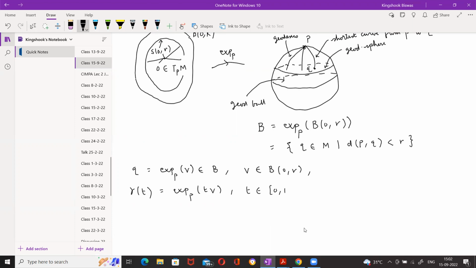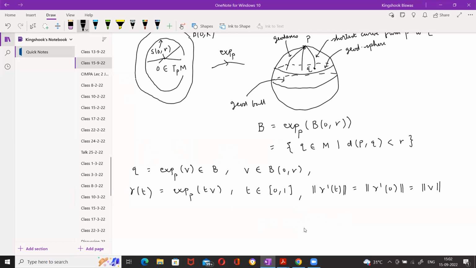Then we know that geodesics have constant speed. So norm gamma prime t is constant, equal to norm gamma prime 0, which is equal to norm V, right?